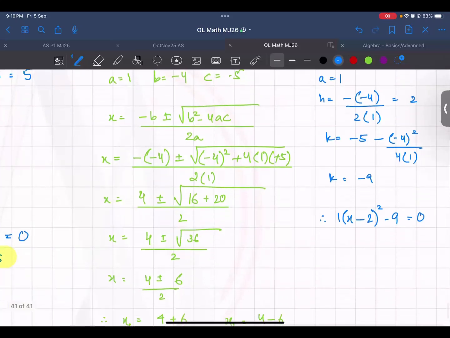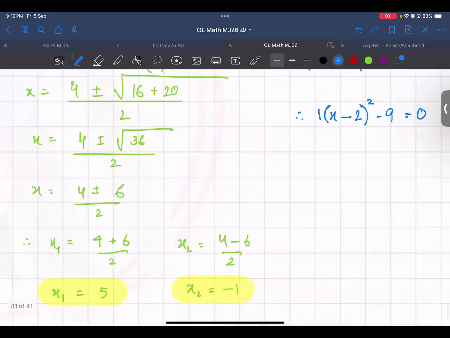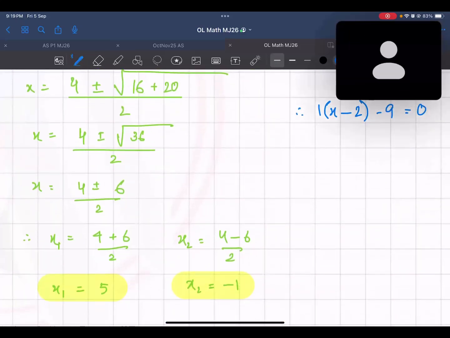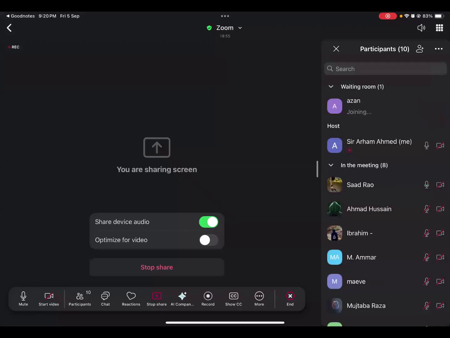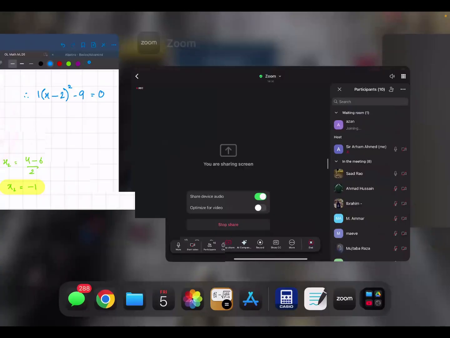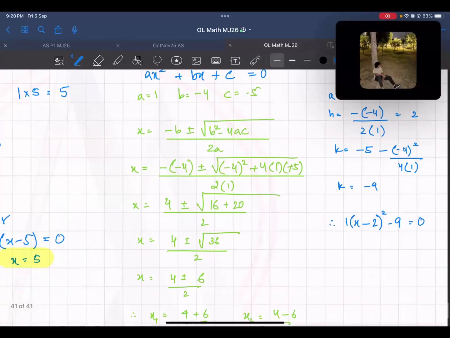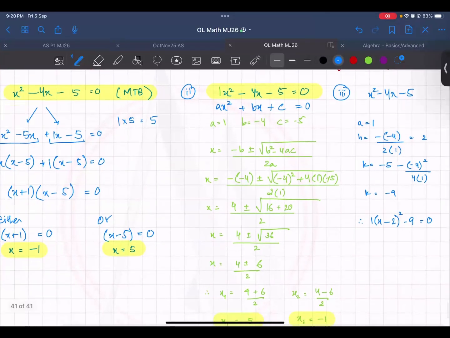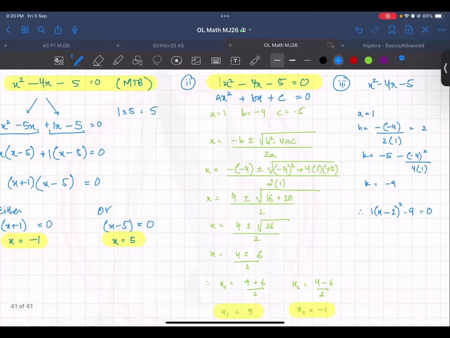Now how would you solve it? You slowly move things away from x. -9 you would move to the other side, and it would become +9. The square, when you move it to this side, becomes square root.